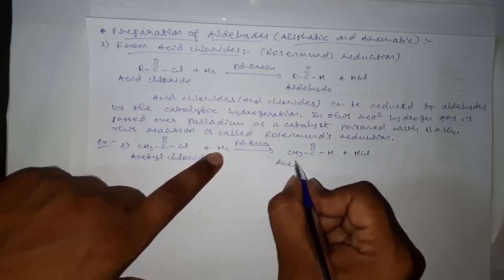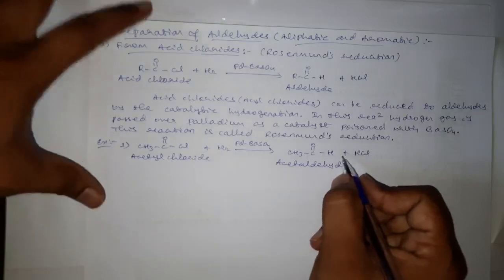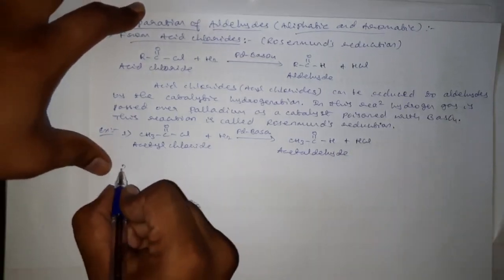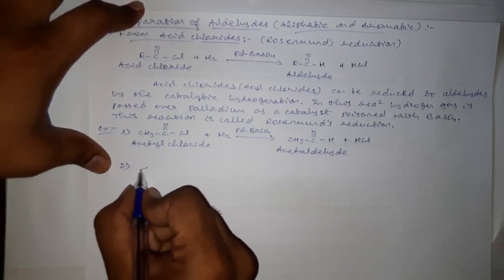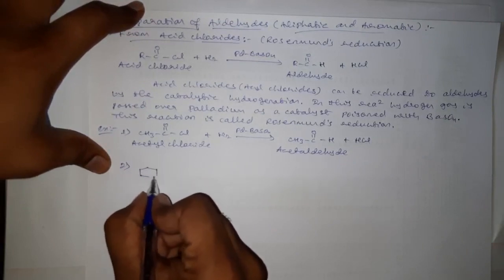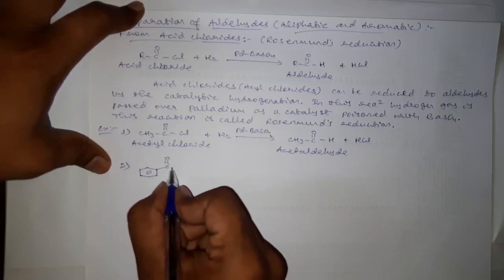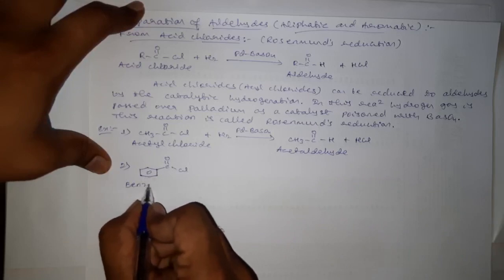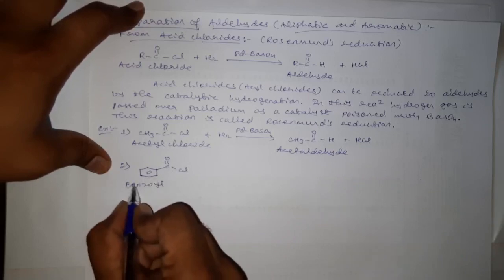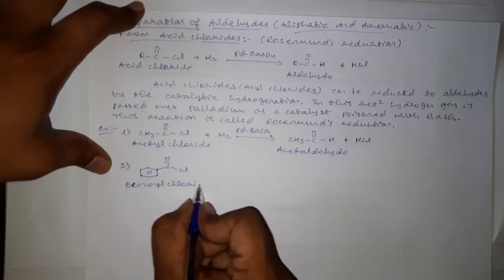This is acetaldehyde. Or we can take C6H5, or we can write directly the benzene ring, C double bond O Cl. This is benzoyl chloride.